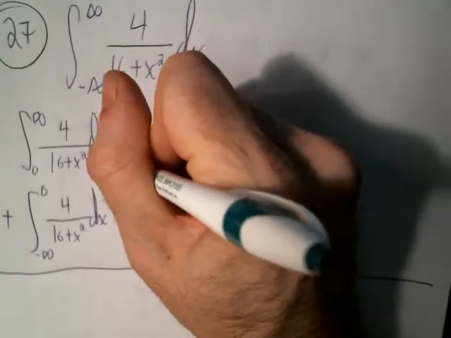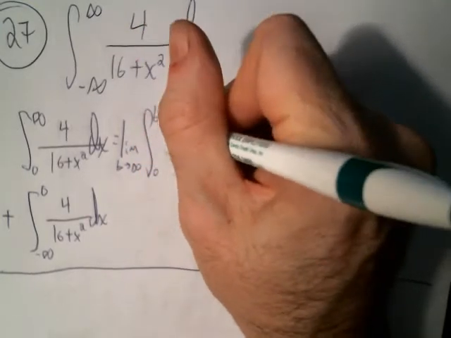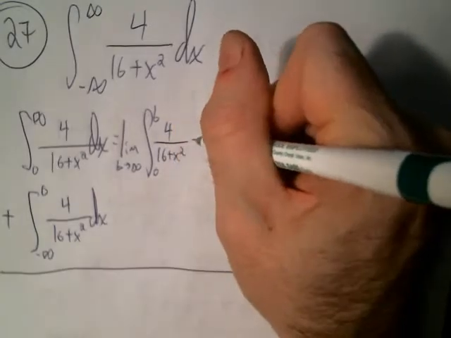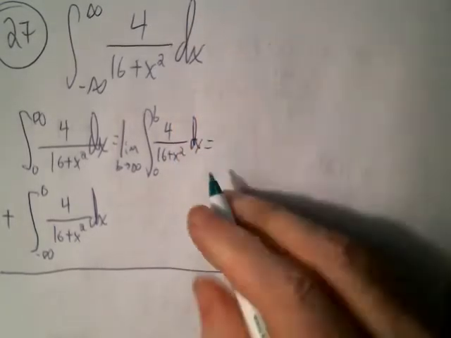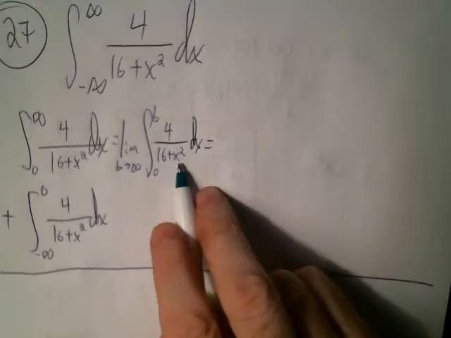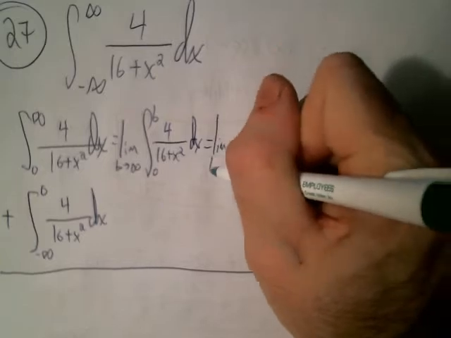So anyways, let's do this guy. I need a limit as b goes to infinity of the integral from 0 to b of 4 all over 16 plus x squared dx. This is an inverse tan, so the a value is 4, the u value is just x, so that should be easy enough.